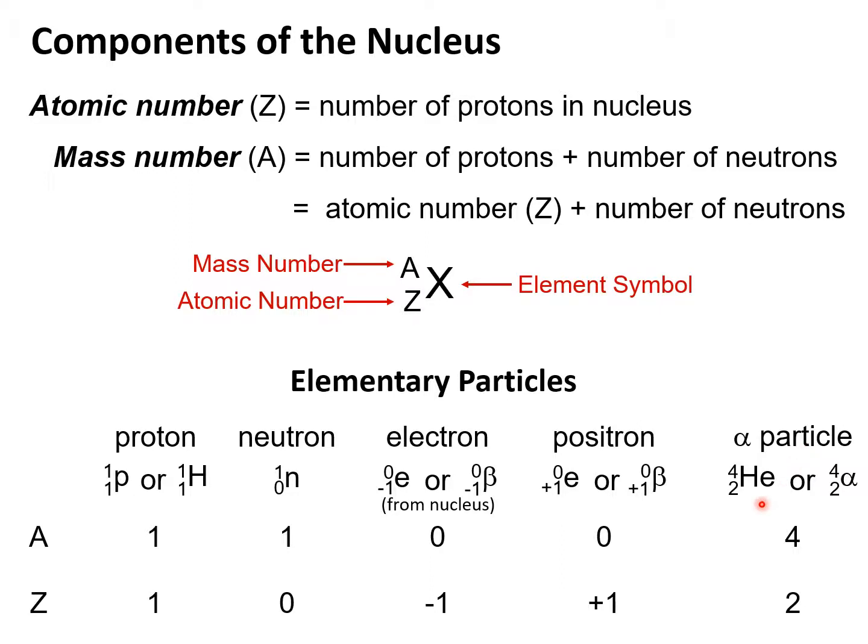As a consequence, it's given the symbol He, or the Greek letter alpha. Now, since an alpha particle is composed of 2 protons and 2 neutrons, it has a mass number of 4. And because it has 2 protons, it has an atomic number of 2. The atomic numbers and mass numbers for each of the elementary particles is also summarized at the bottom of the slide here.